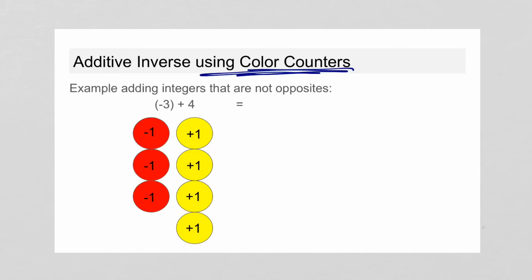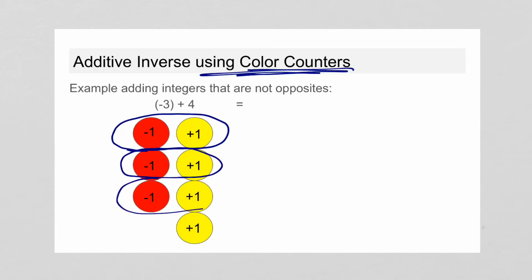So now let's look at negative 3 plus 4. Let's start by grouping together our 0 pairs. This is a 0 pair because a plus 1 and a minus 1 equals 0. This is a 0 pair, and this is a 0 pair. So if we know that these all end up as 0, like I said, if you've heard it said canceled, what that really means is they add up to 0, so we don't have to think about them anymore.